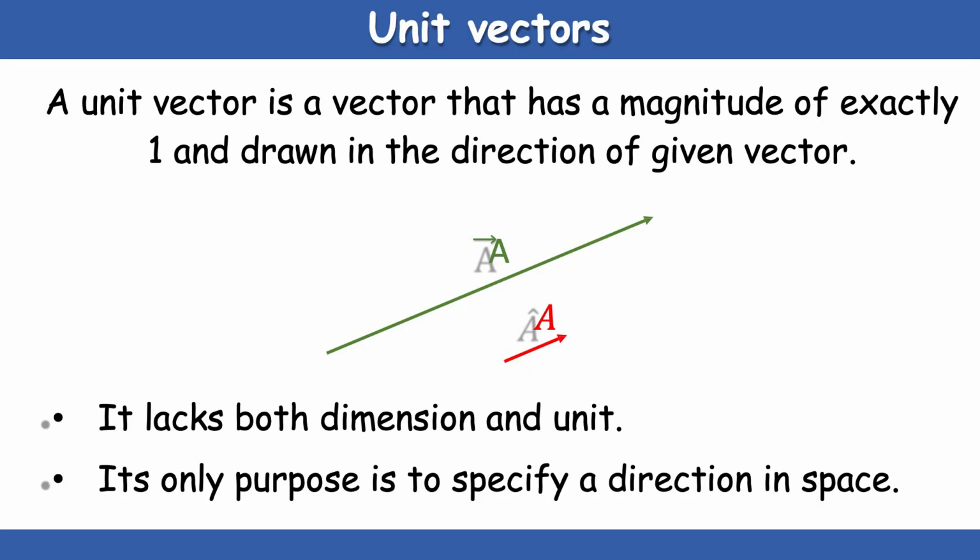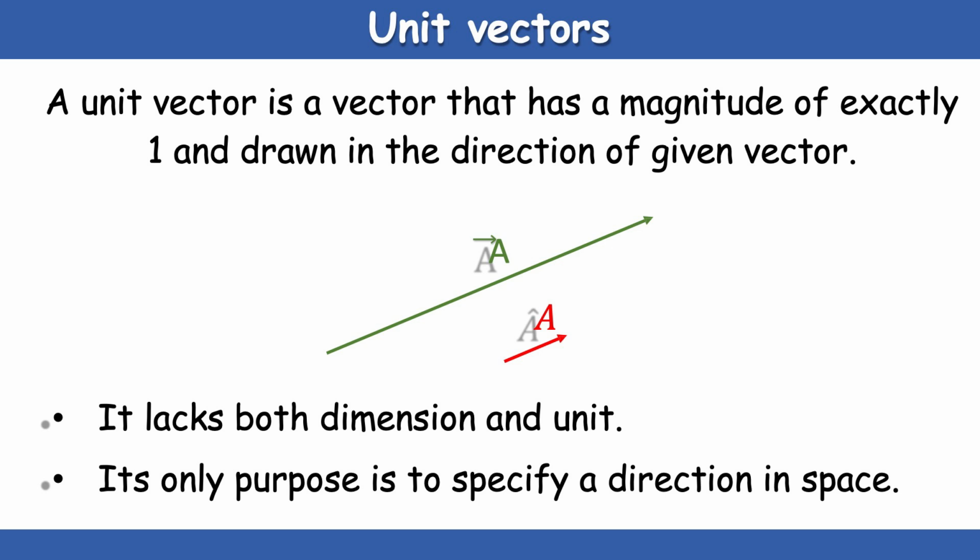So, these unit vectors are also known as the unit Cartesian vector representation. Now let us come to the screen representation. You see, a unit vector is a vector that has unit magnitude, that is, magnitude 1, and is drawn in the direction of the given vector. On your screen, you are looking at two colors of arrows. One is the a vector, the other is also the a vector, but one is green and the other is red.